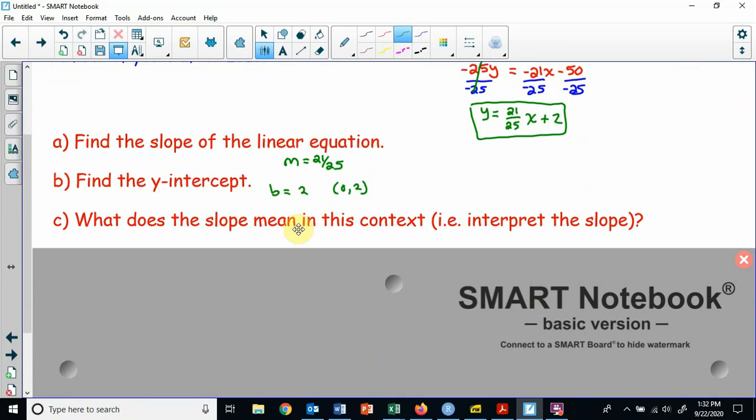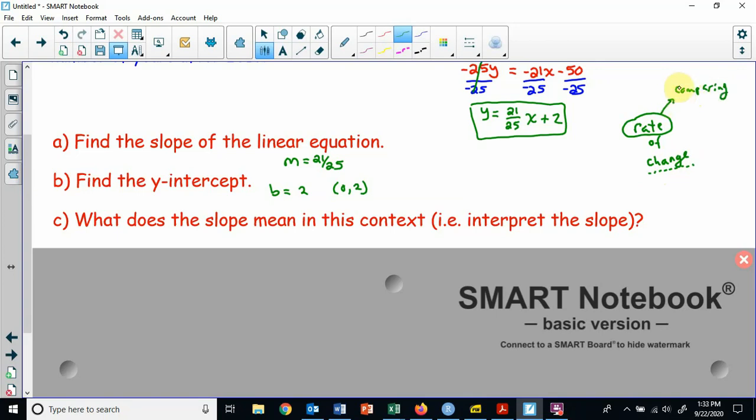Okay, now let's think for a second. Remember last class we discussed what slope was. And slope, remember, is a rate of change. Okay, so we know what change means. A rate, remember, is just when we're comparing two things together.